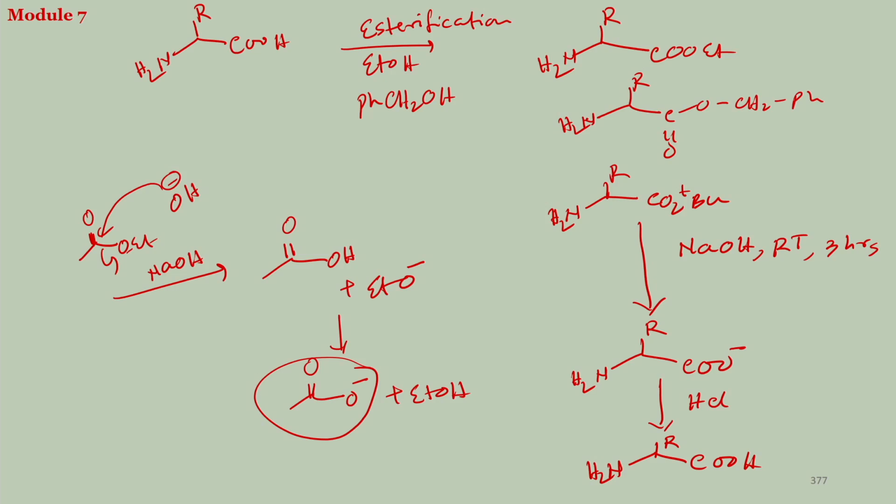So, it actually includes 2 reactions. One is treatment with the strong base sodium hydroxide, followed by treatment with hydrochloric acid. So, base, then comes the acid. So, that is another way of deprotecting the ester group that is present in the amino acids, and this is what we usually use in solution phase chemistry.